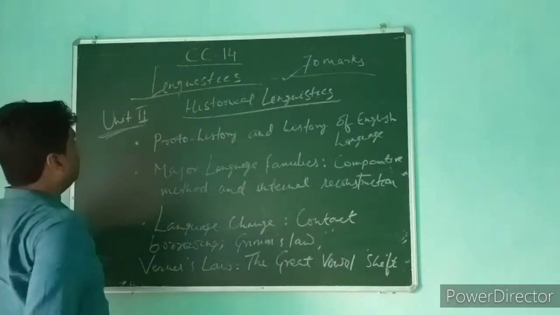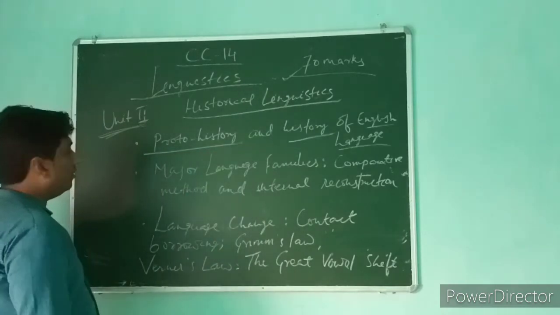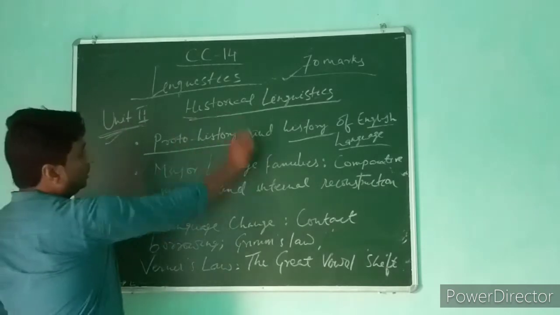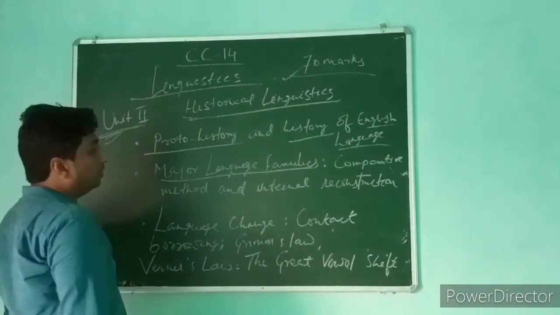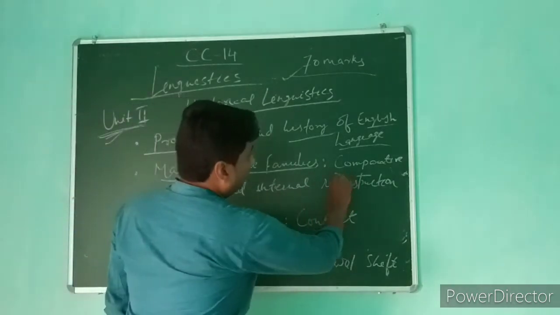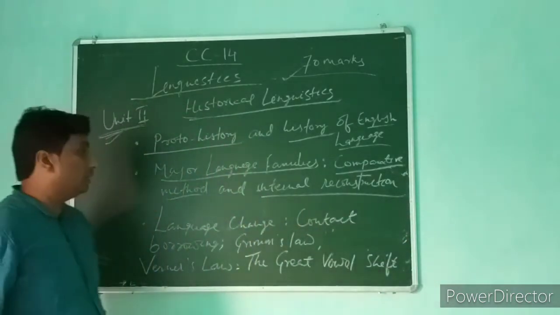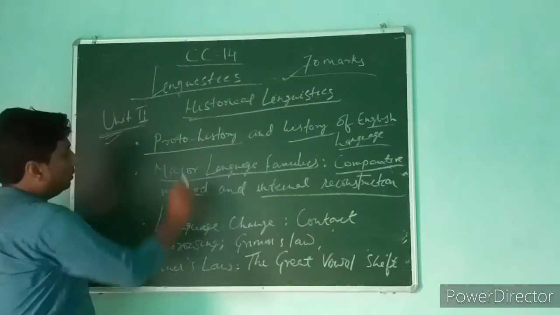And within this unit, what we have to study? We have to study history and history of English language. The second subtopic within this unit, which is historical linguistics, is major language families. In this we have to read about the different families of languages, right? And this includes comparative method and internal reconstruction. These are the 2 key concepts that we have to study within this subtopic.